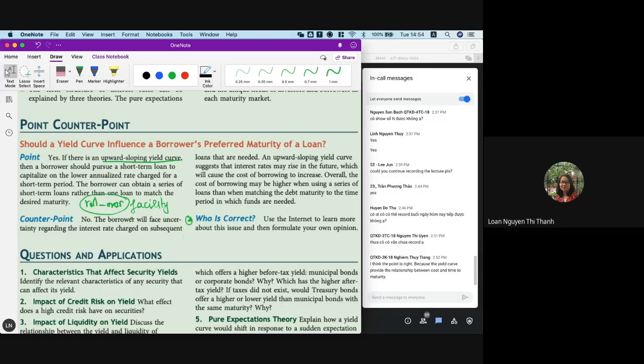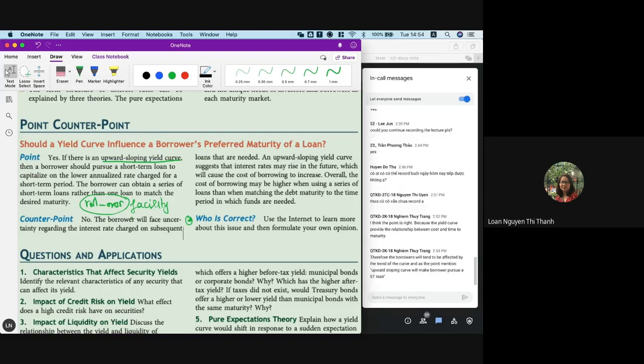Here you mentioned the preference of the investor, of the borrower, about the maturity of the loans. If there is an upward sloping yield curve, the borrower will prefer a series of short-term loans rather than long-term loans.